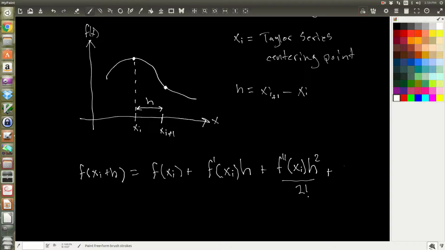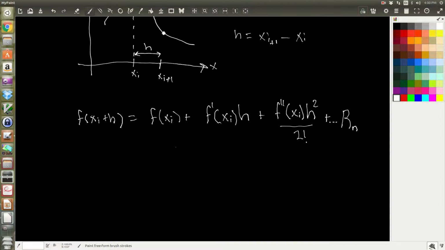But if we want to truncate it, we can capture all the remaining terms in one final term, which we will call Rn. So say we include all the way out to n terms, well, this Rn is going to capture that behavior.